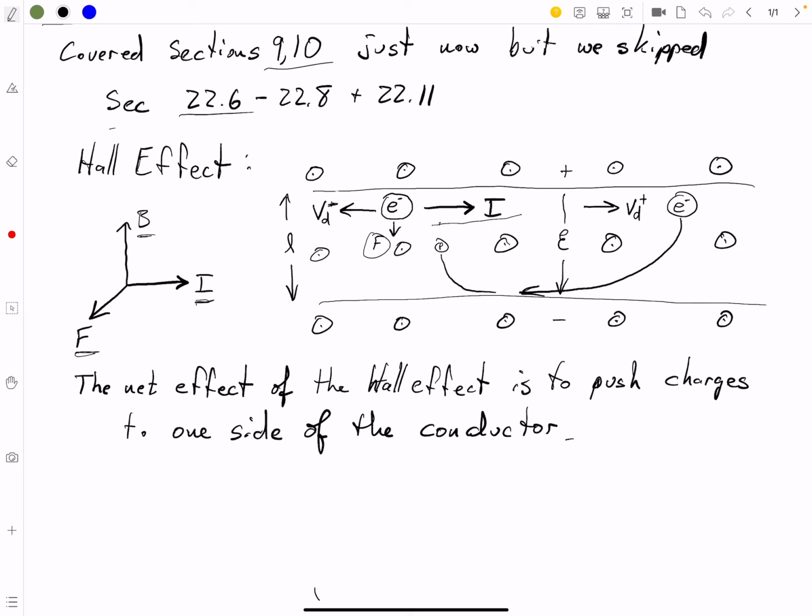It's got its force pushing it down and its other force pushing it to the right. So all the charges in this situation want to stack up at the bottom.